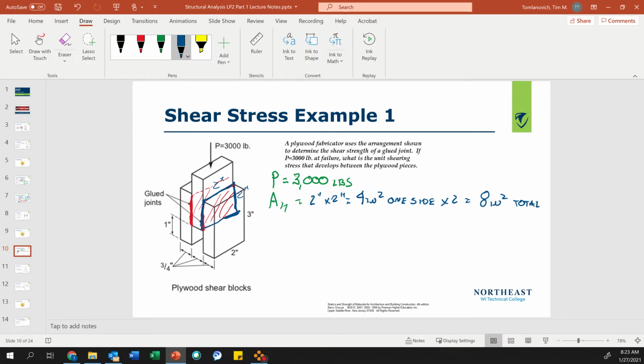Okay, so my shear stress, f sub v, where V stands for shear, equals P divided by my area parallel.